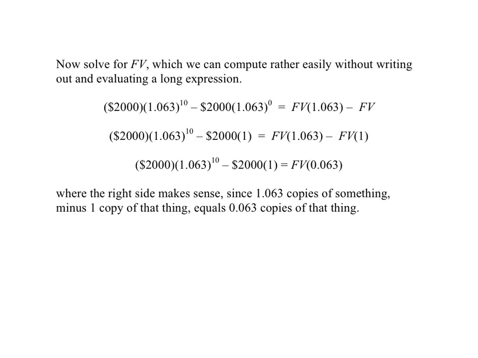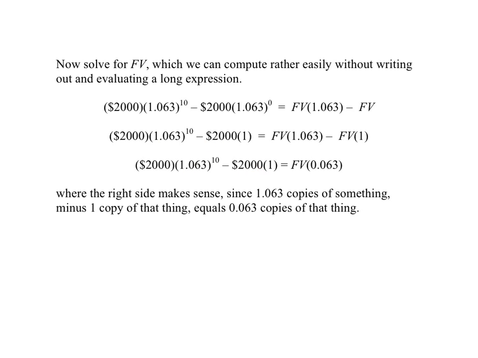The first thing to do on the way towards solving is to realize that this 1.063 to the 0 is really just 1. We make that replacement. And although it's not necessary, I'm also going to write a 1 here. This is FV by itself. That's the same as FV times 1. You'll see in a moment why I write it like that. So on the left side, we've got our 2,000 times 1.063 to the 10 minus 2,000 times 1.